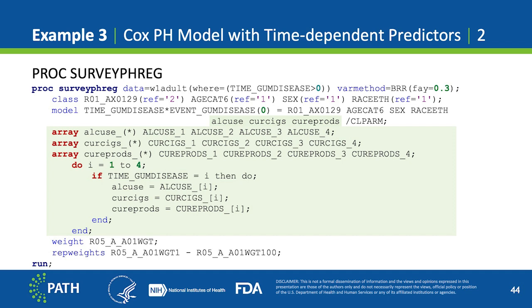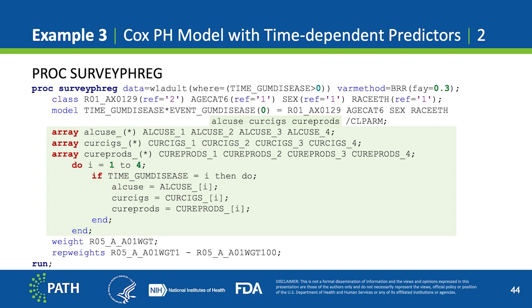That's why we have to rename the original time-dependent variables with consistent naming patterns. This is one way of defining it. There are other ways to achieve the same purpose. You can check the other examples using PROC SURVEYPHREG with time-dependent variables to see how they are defined, but the basic logic is the same.